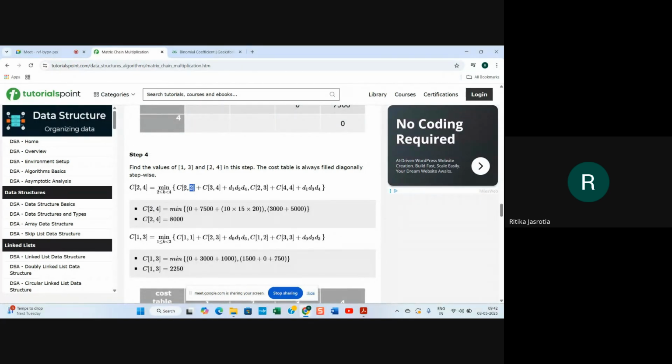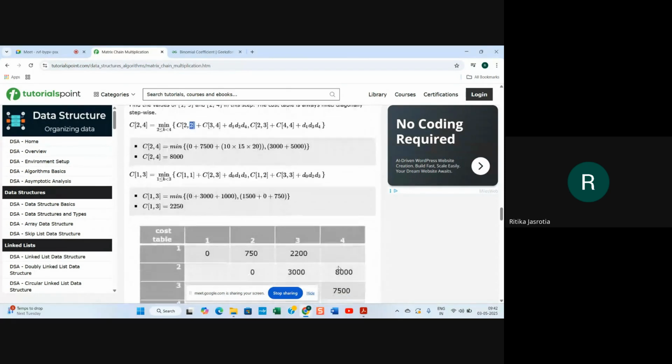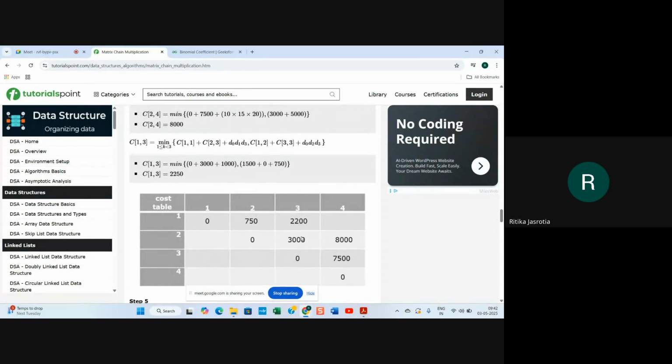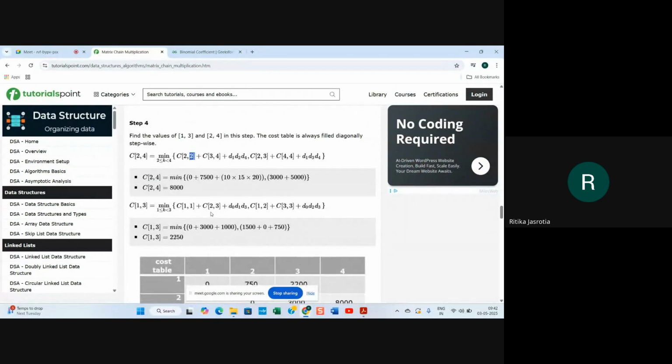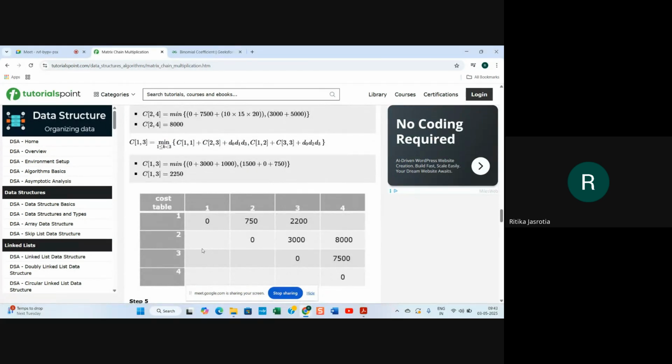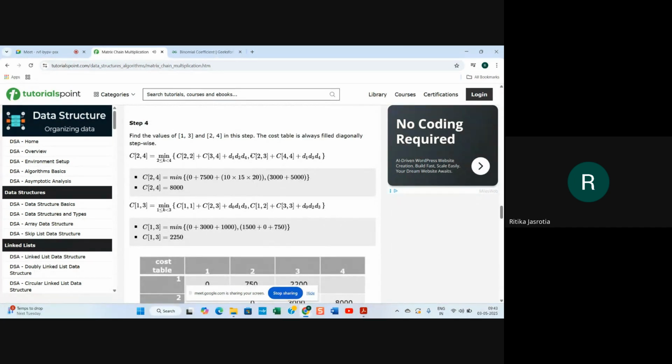To find 2 4, you also need 2 3, because in between you have 2 3 as well. So first you find this one with k as 2, but there is another value, the suboptimal solution you have found, that is 2 3. That also you are keeping here, so you are keeping the value of 2 3 also.